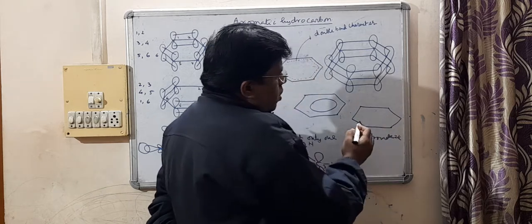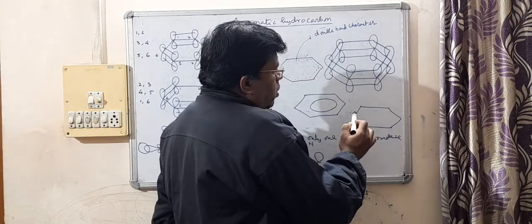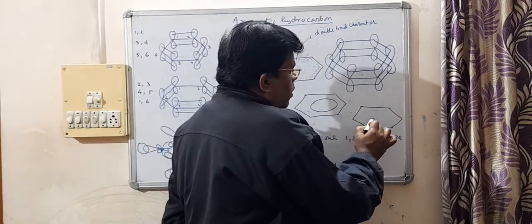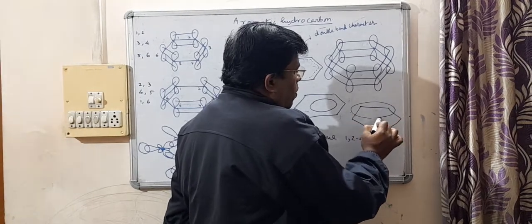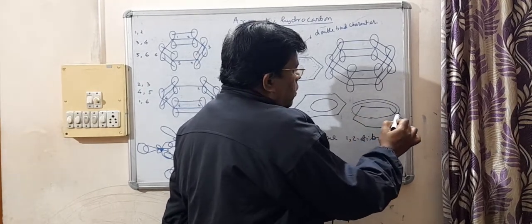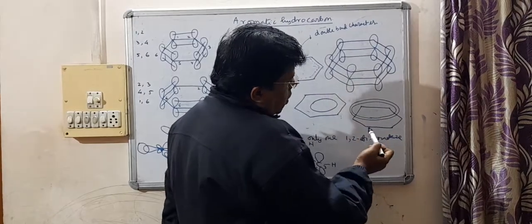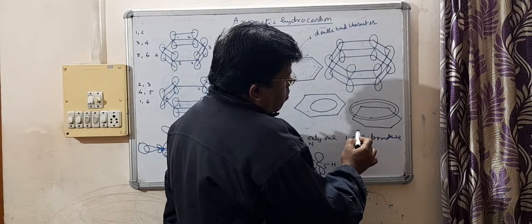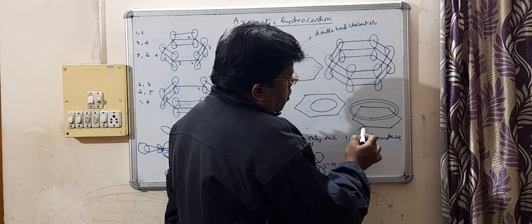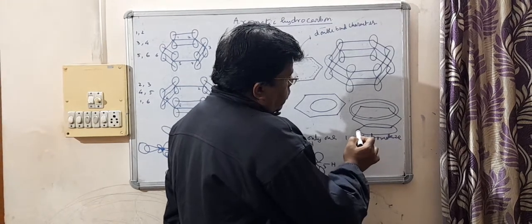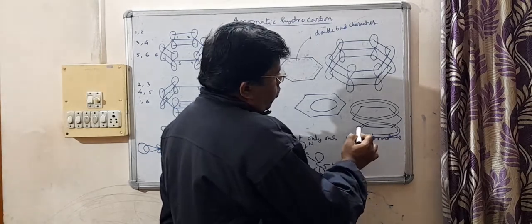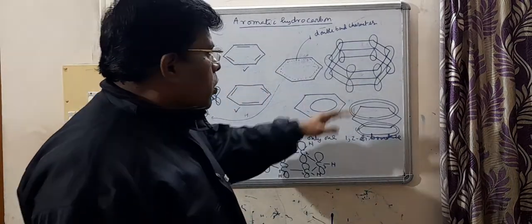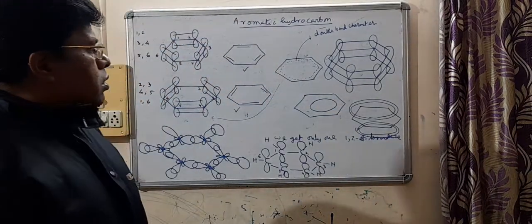If this is the benzene ring, there is a pi cloud above. There is a pi cloud above the ring, and there is also a pi cloud below the ring, and that is benzene.